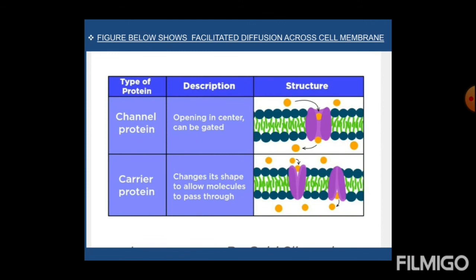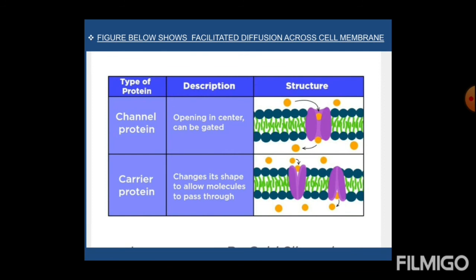Now children, see, this figure shows facilitated diffusion across the cell membrane. See, I have made columns. In the first column it is written channel protein. What is a channel protein? These have an opening in the center and can be gated. Can be gated means they can be gated with the help of ATP. I mean, energy can also be liberated here, and an electrochemical gradient can occur here.